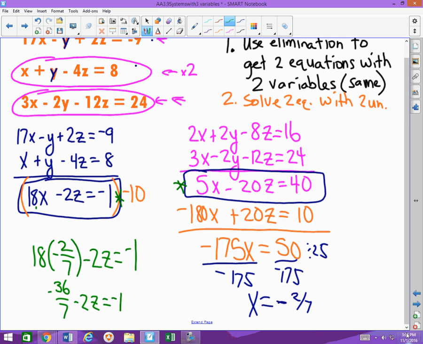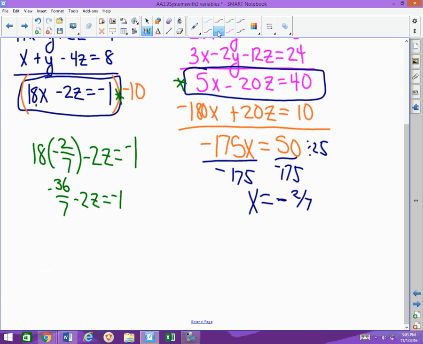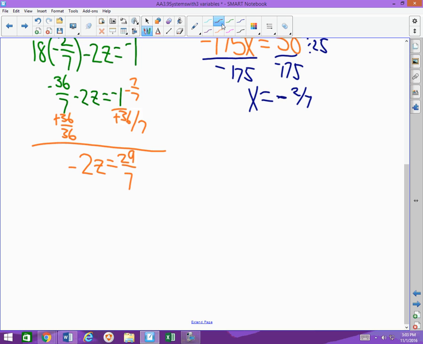So now we have to add 36/7, and negative 2z equals, and that's negative 7/7, so it would be 29/7. And then when you divide by negative 2, z will be negative 29/14.